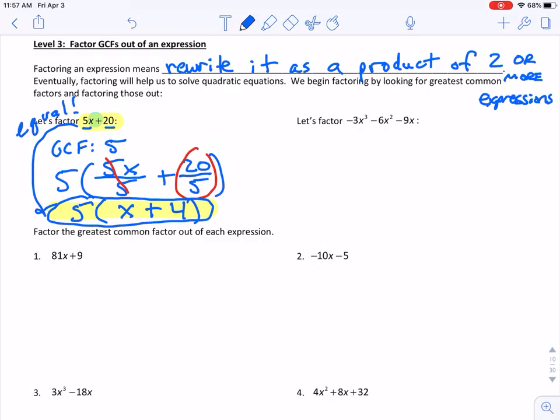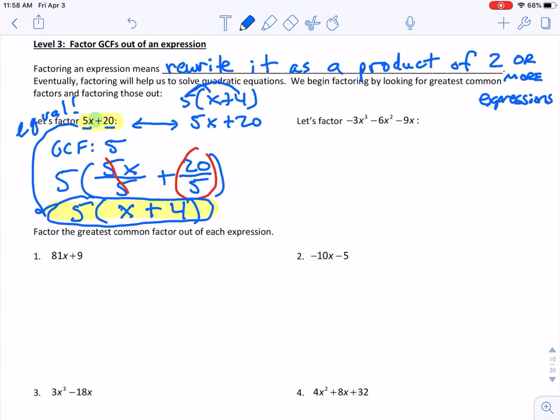So that's actually a good way to check that you've done things correct. If you were to now go ahead and check, take 5 times x and distribute. So if you take 5 times x, you get 5x. And if you take 5 times 4, you get 20. And that's how you know that you haven't done anything wrong. These are the same. Okay? And so that's kind of how you could check your answers to make sure that you're doing these right.